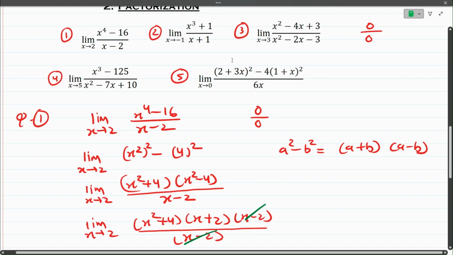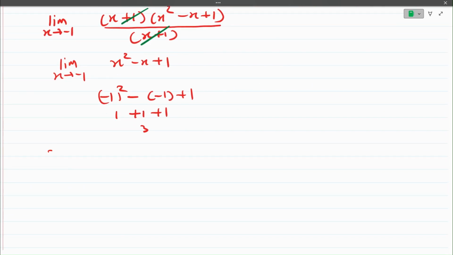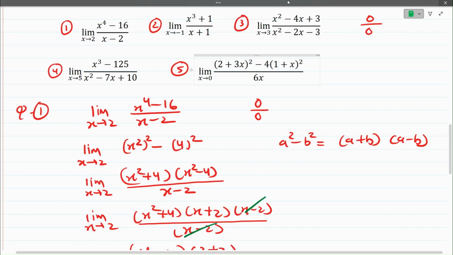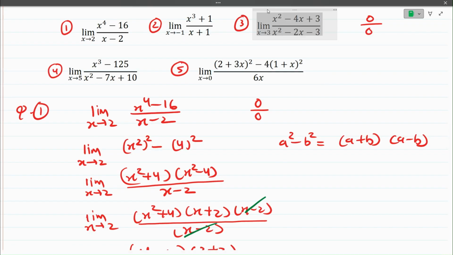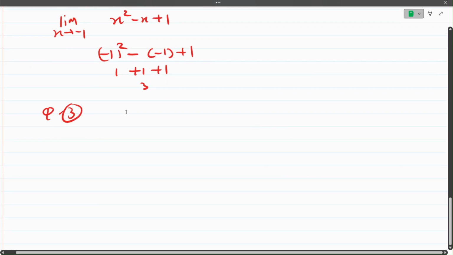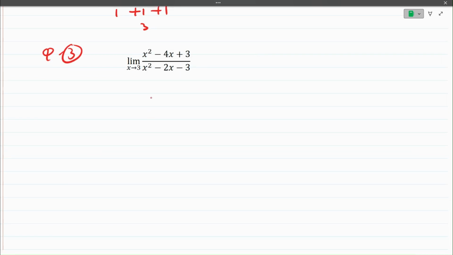Let's solve together the third problem, which is limit x tends to 3, x squared minus 4x plus 3 over x squared minus 2x minus 3.